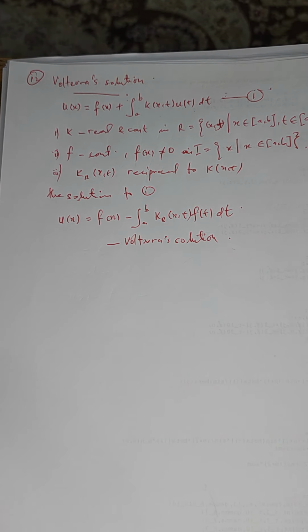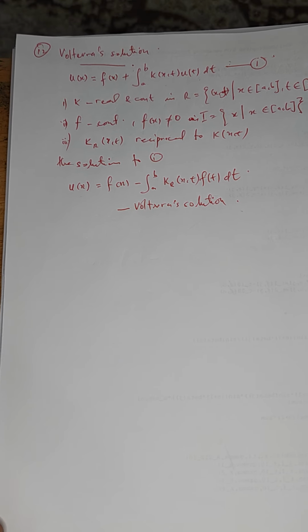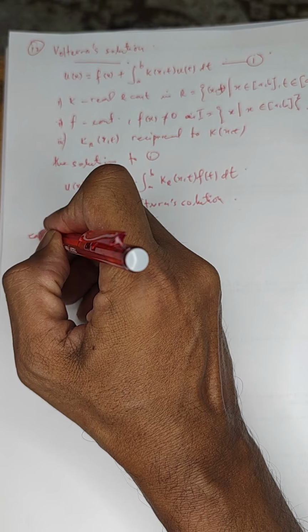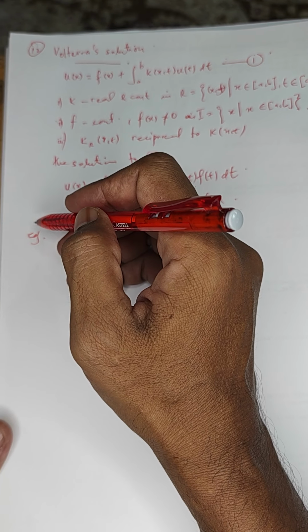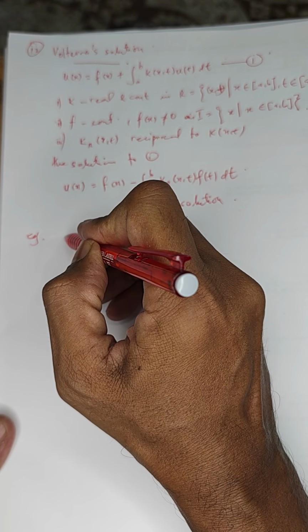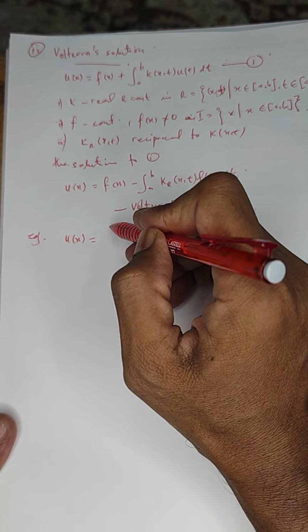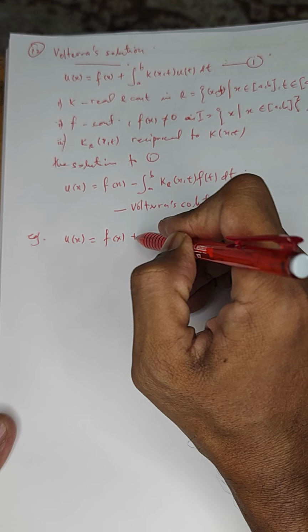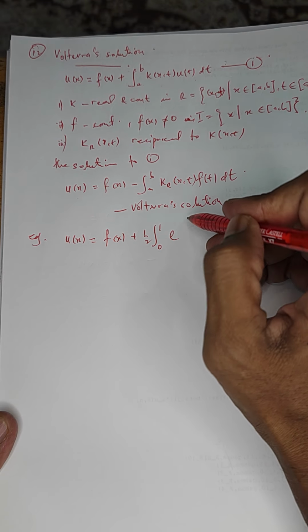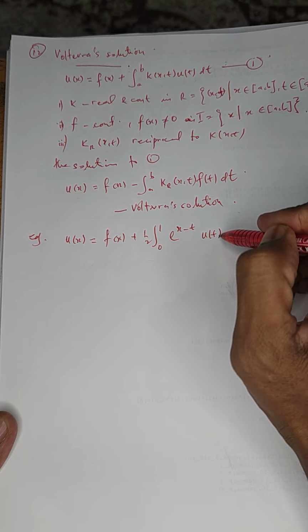So let's see an example. I just give you one example, and that's it. We consider the non-homogeneous Fredholm integral equation u(x) equals f(x) plus half the integral from 0 to 1 of e^(x-t) u(t) dt.